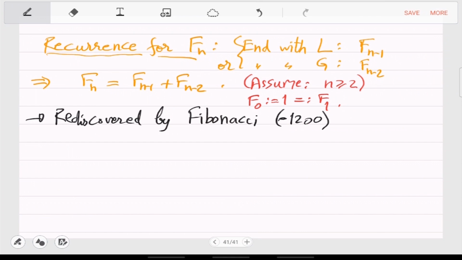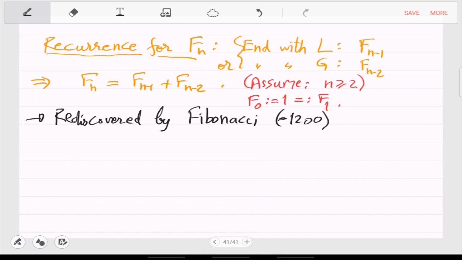How fast is this growing? You think it is growing exponentially in n? Like, is Fn close to 2 raised to n? Yeah, you can show that it is actually not 2 raised to n, it's much smaller than 2 raised to n.